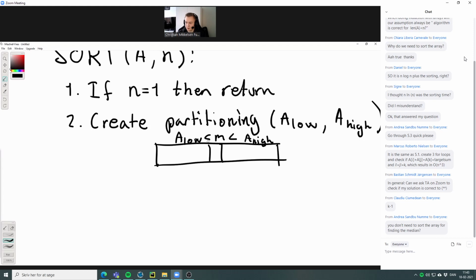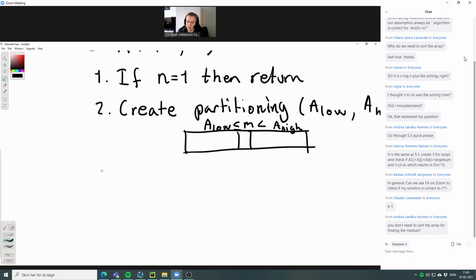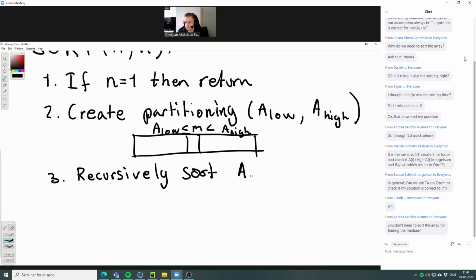And this still holds, right? And then our third step is recursively sort A low and A high, right?